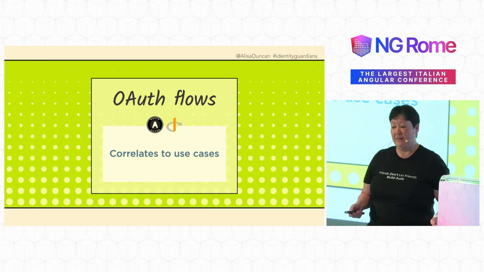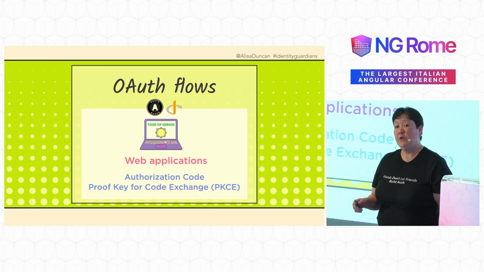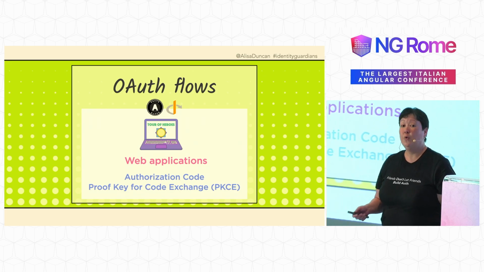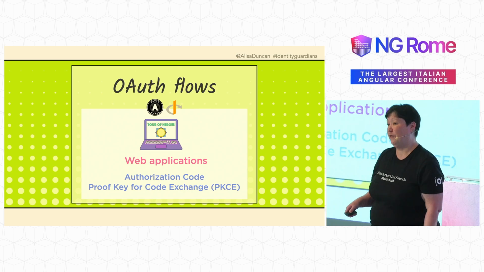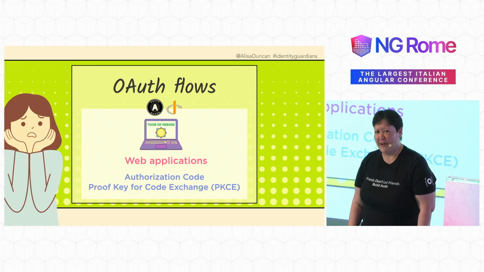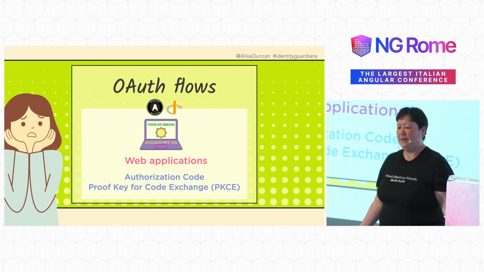And so I want to demystify and clarify that today, that for web applications, we should be using an OAuth flow called authorization code flow with an extra extension called the proof key for code exchange, or PKCE. Now, I know, I said I was going to demystify auth, right? And here I am throwing around these big words. What does that even mean?